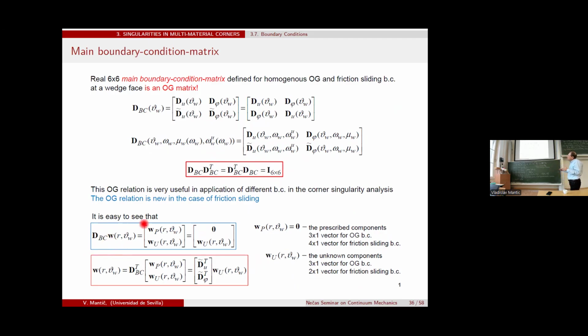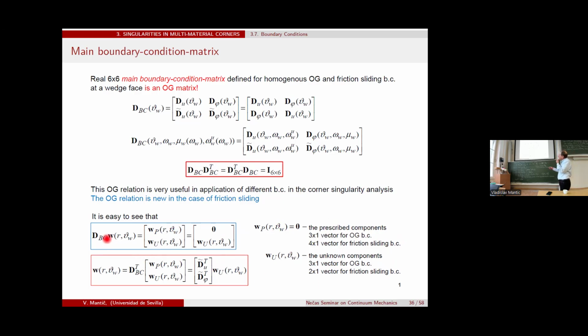d_BC times W gives us prescribed values of W or unknown values of W. Prescribed values are 0 and unknown values are to be determined. It is written also for these dimensions for each case: homogeneous boundary condition, or frictional sliding condition.